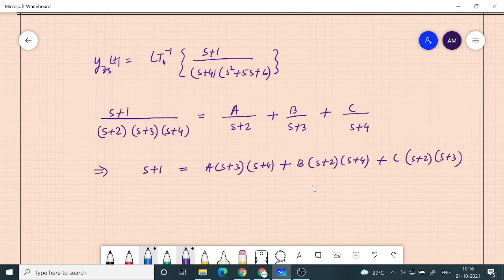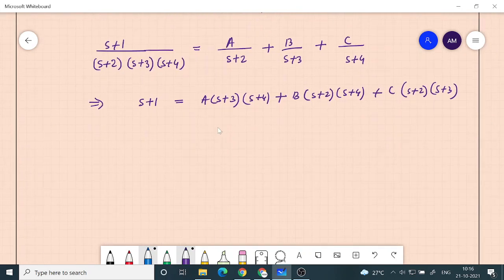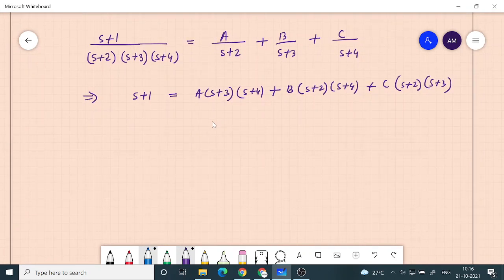Okay. So now we are in a position to find the value of A, B and C. So like before, I am going to take different values of s. If I want A, what should I put? I should put s is equal to minus 2. Then the LHS is going to become minus 1, because minus 2 plus 1 is minus 1.